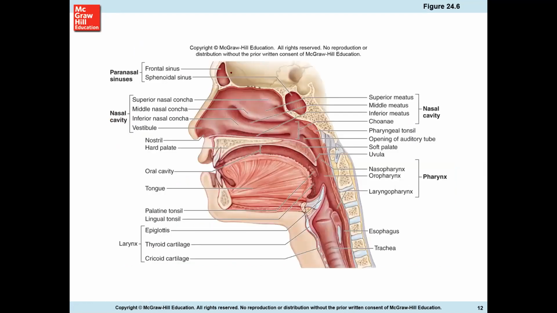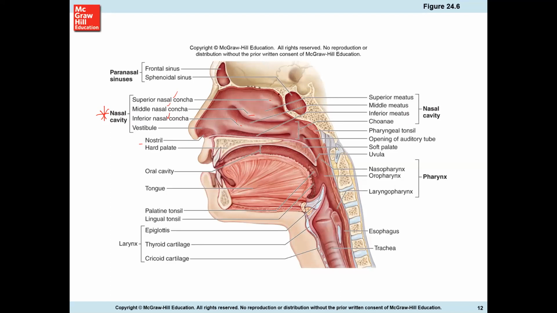So here's the mid-sagittal, classic mid-sagittal. And you can see where the respiratory system basically starts in the nasal cavity, right? So these nostrils are nares, both sides. Then you have these membranes that line these structures called concha: superior, middle, and inferior nasal concha, right?